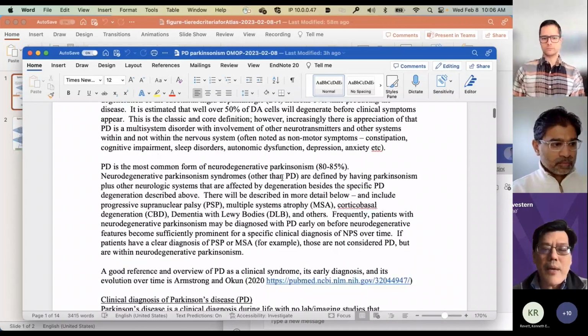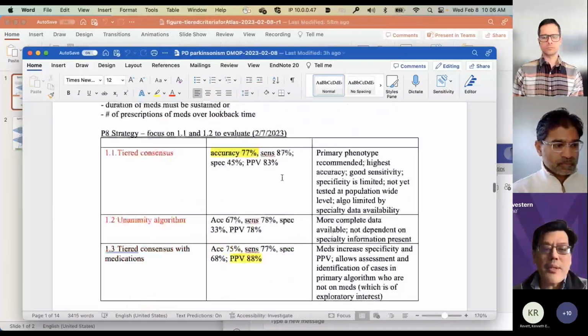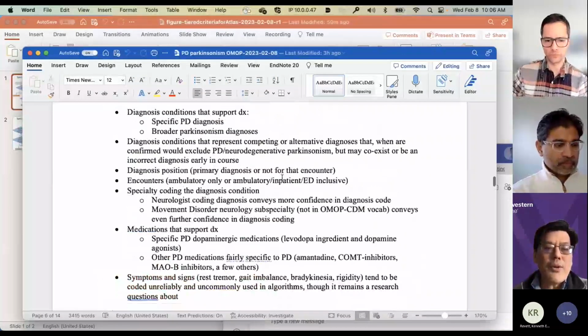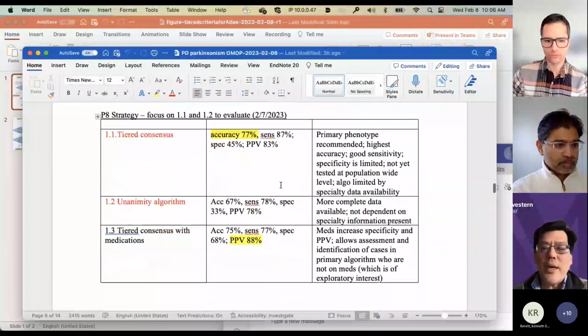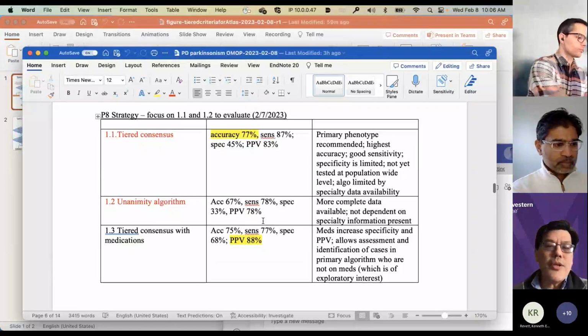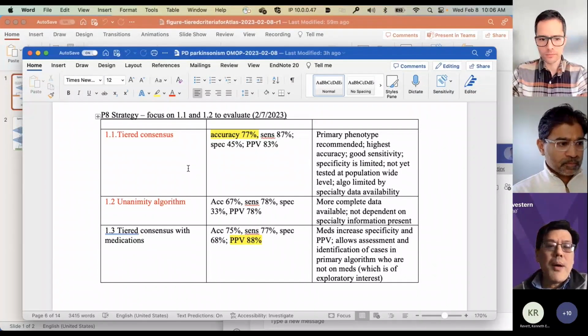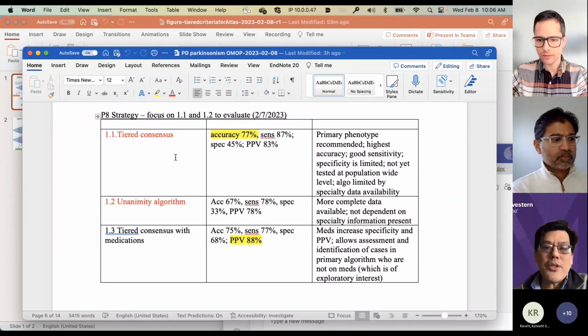If we skip down to the bottom, and I'm not going to go into all of this, and some of you may have read my posts before, this was the focus. Our decision was for our P8 strategy to focus on 2 phenotypes, 1 or 2, and we chose 2. These are published phenotypes in the literature.